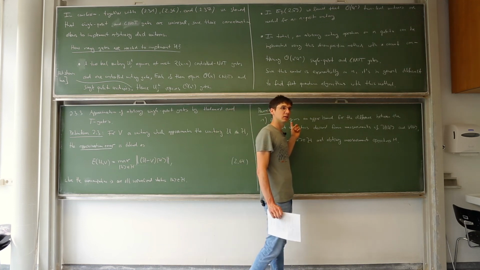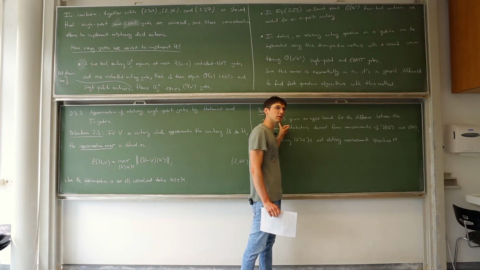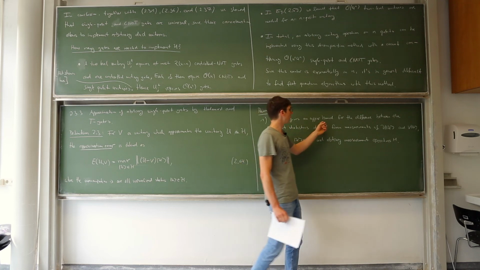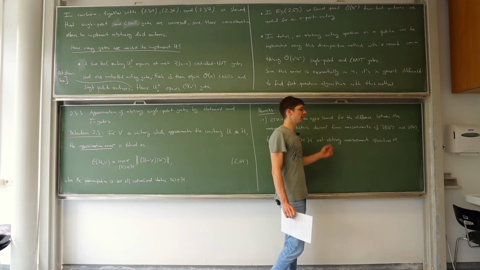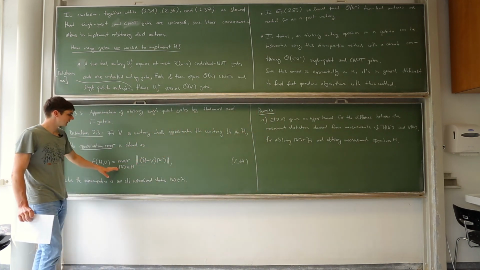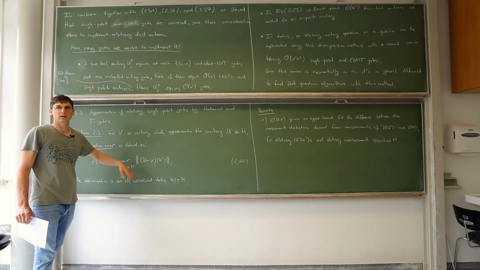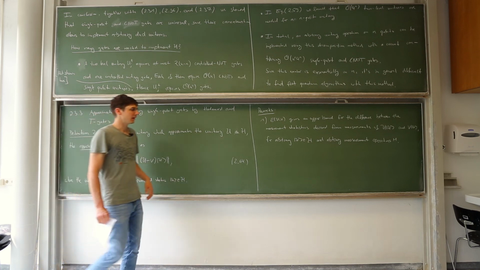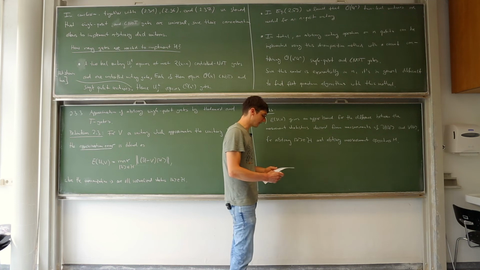So it tells us that the better we can approximate, the smaller the difference in the output statistics must be, which is intuitively clear if we connect this definition with an actual error of the approximation. So it has a meaning in terms of measurement statistics. And I'd like to prove this now.